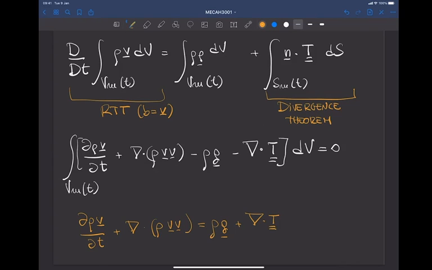Excellent. Now, something else I want to point out is that this term, if you use the definition of the material derivative, can be expressed as rho times dv over dt. Here we have introduced the material derivative, and I invite you to try to demonstrate this equivalence.